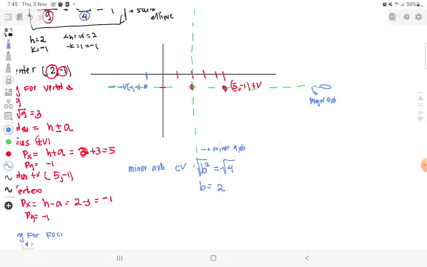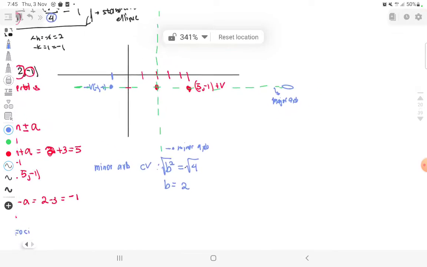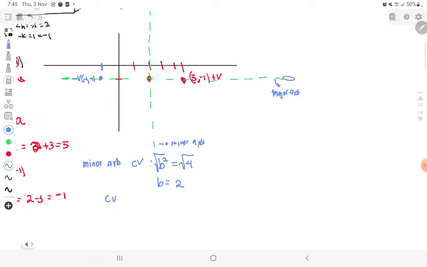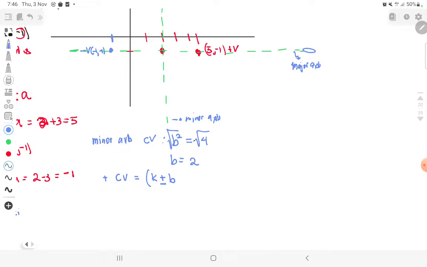So since our b is equal to 2, therefore we can find its co-vertices, wherein the co-vertex is just equal to our k plus minus our b, at the point h.